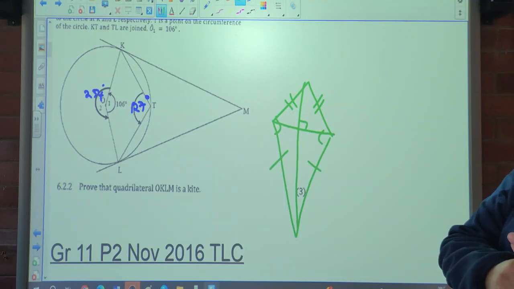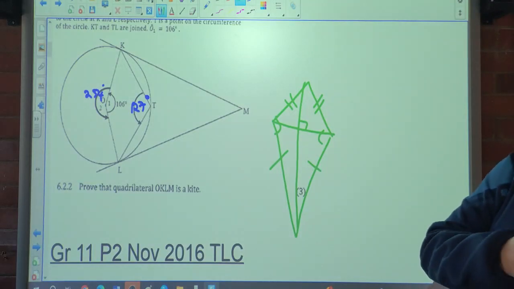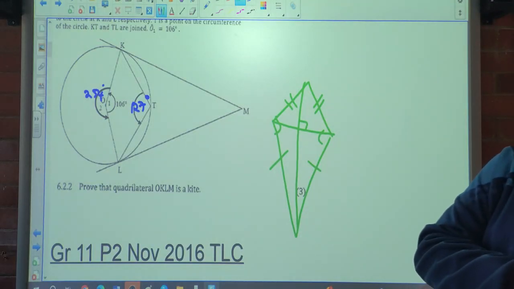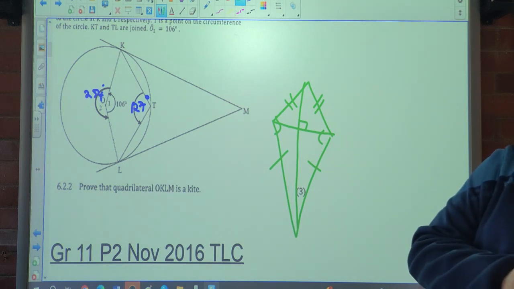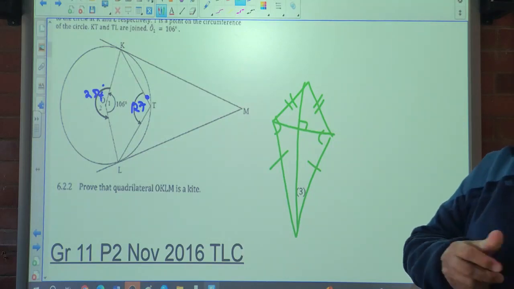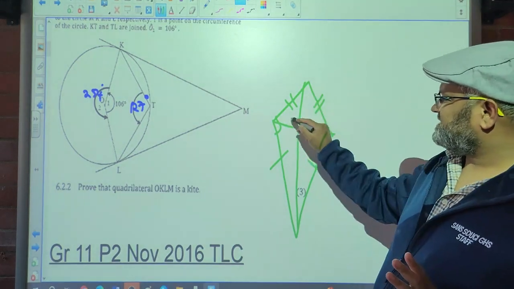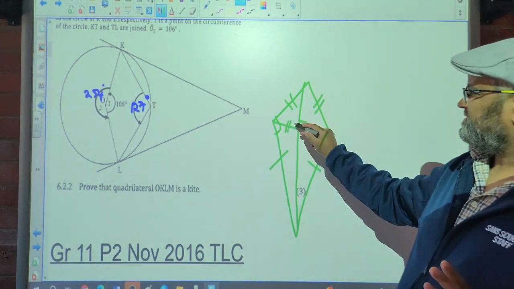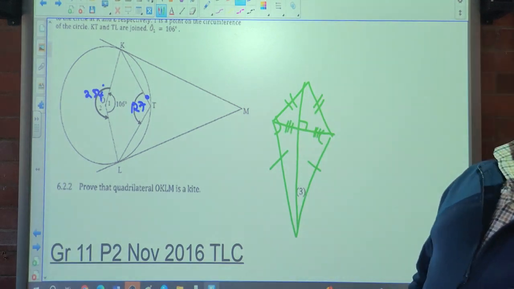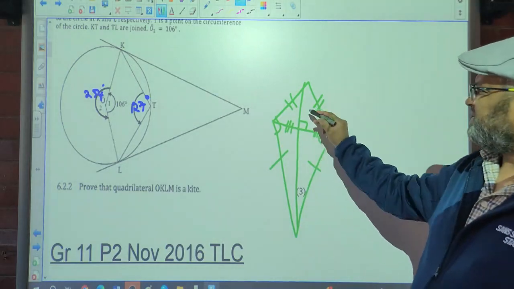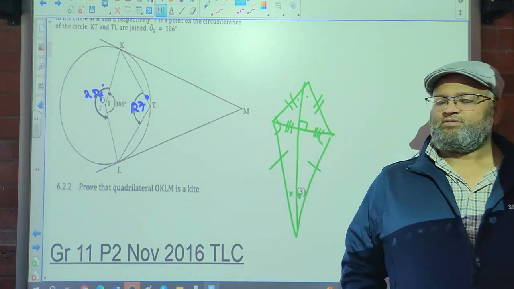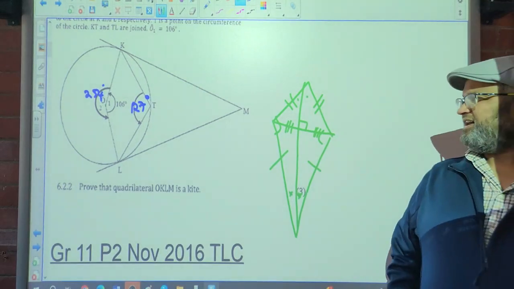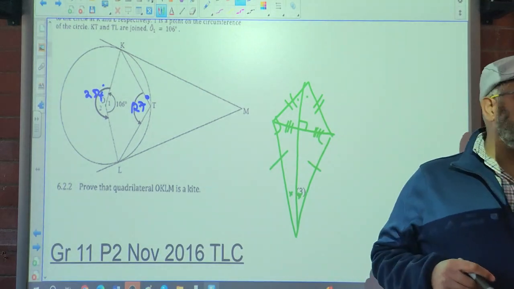Yes, what else? Fourth one? Come guys, you should have done this in grade 9. One diagonal bisects the other. One more. One diagonal bisects its vertex angles. Okay, all of those are evident in a kite.